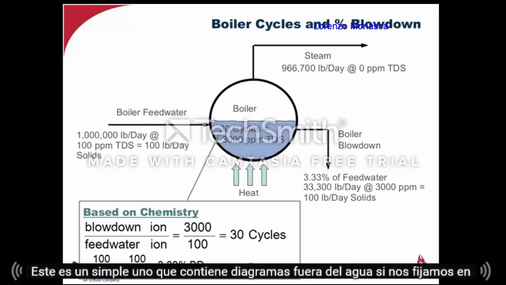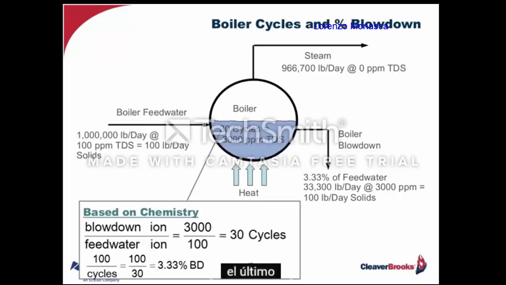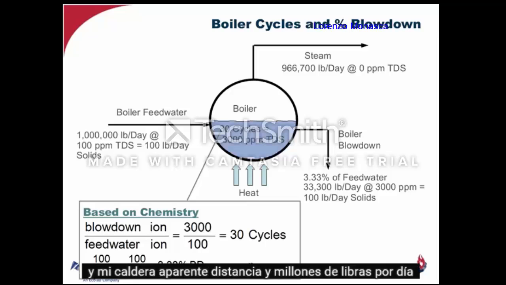So this is a simple boiler diagram. It contains the feed water, if you look to the left, containing 100 ppm TDS. And my boiler is steaming away at 1 million pounds per day. That sounds like a lot of volume there. I chose that intentionally just because it was easily scalable.